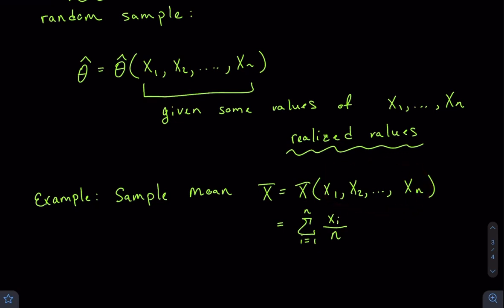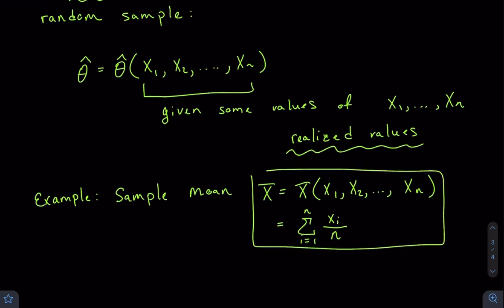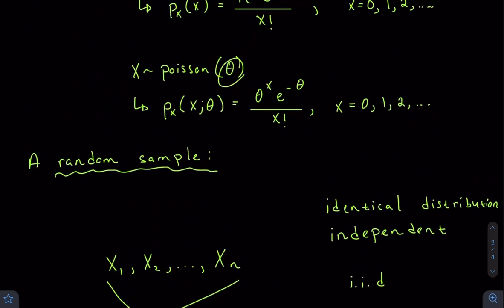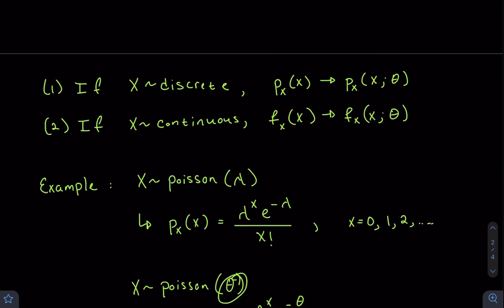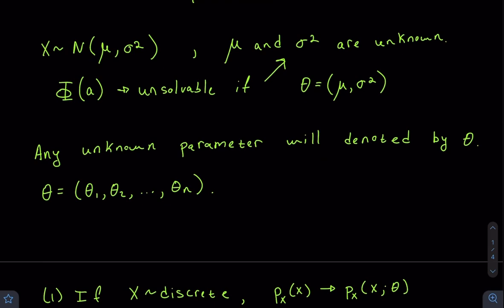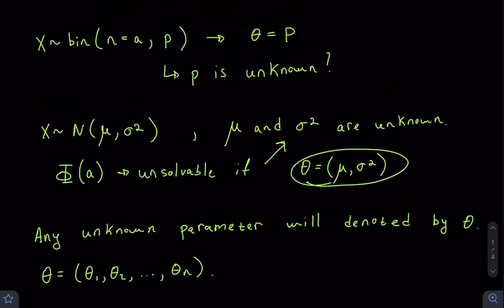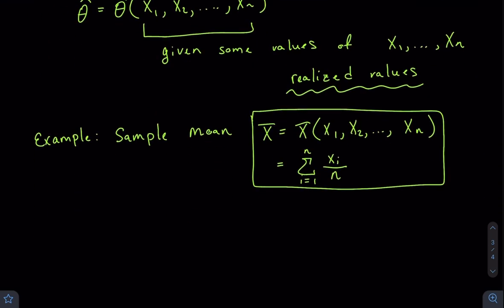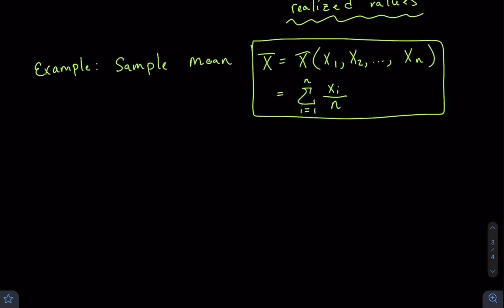So this statistic will be quite important when we seek to estimate our unknown parameter theta. And if we were actually given some values for this, we will be able to calculate this statistic.